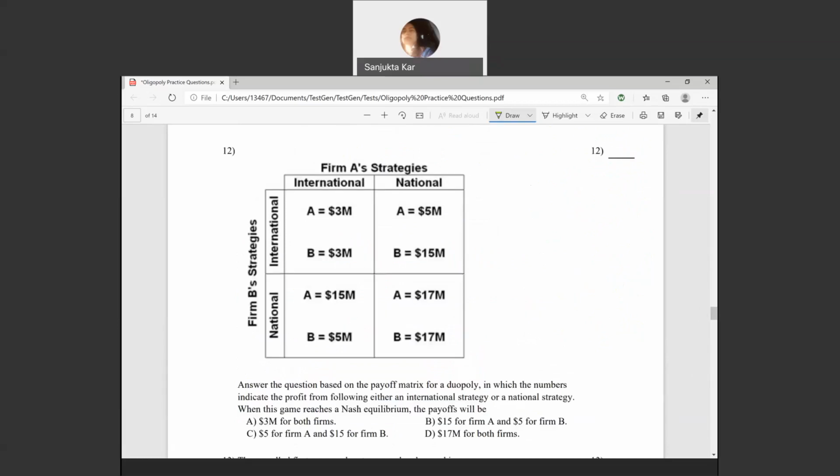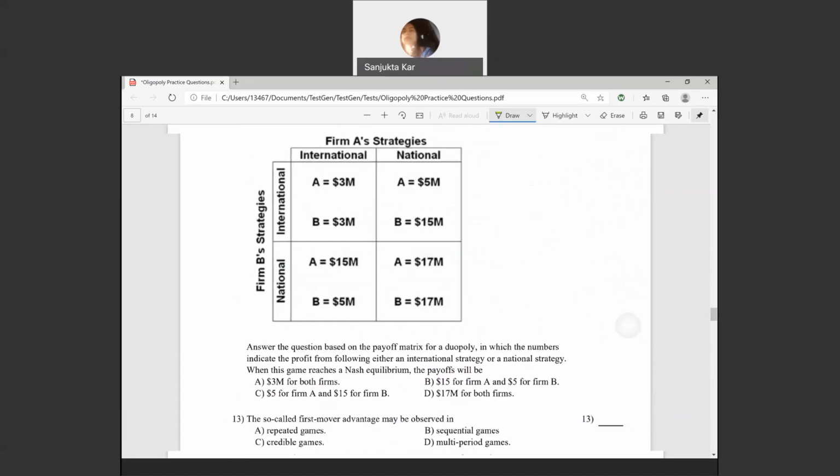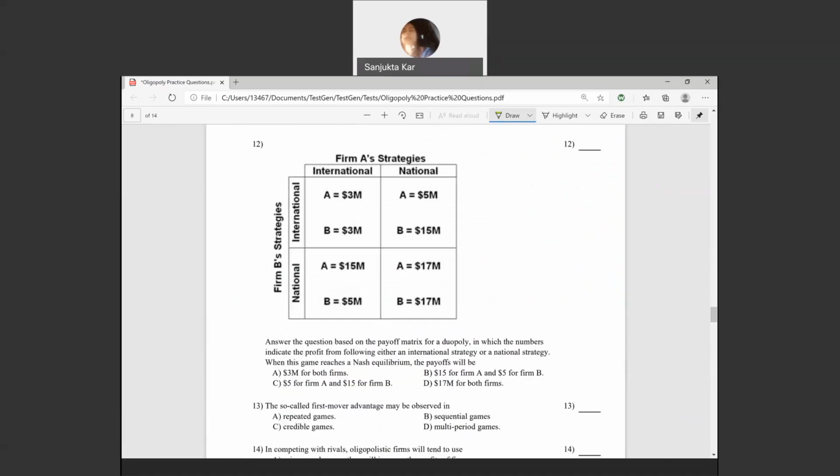Right, moving to question number 12. We have a payoff matrix in a duopoly in which the numbers indicate the profit of either an international strategy or a national strategy. They're asking when the game reaches a Nash equilibrium, what will be the payoffs?